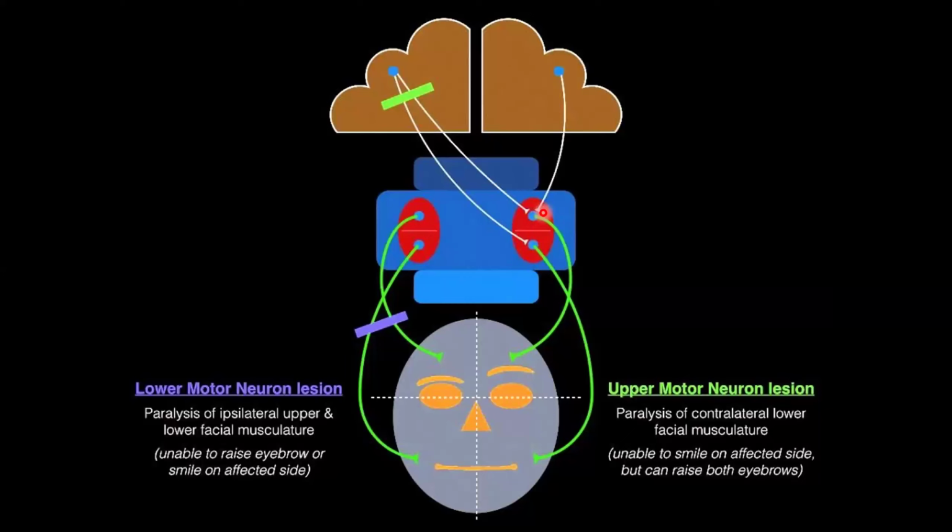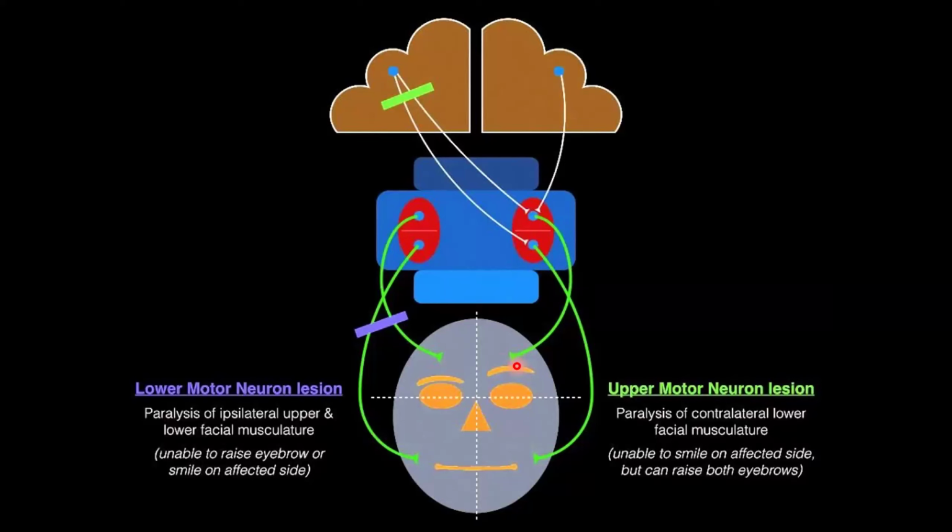However, on this upper portion that is supplying the forehead, I have this dual supply. So even if I'm affecting this entire upper motor neuron here, I still have this compensation here, which means that the forehead is completely okay. The forehead is still getting supply. And because of this, in an upper motor neuron lesion of the facial nerve, you will have sparing of the forehead.